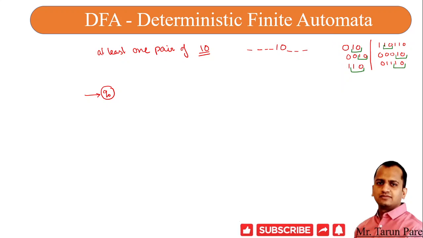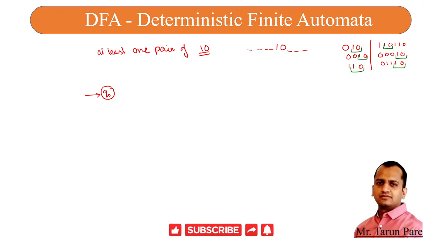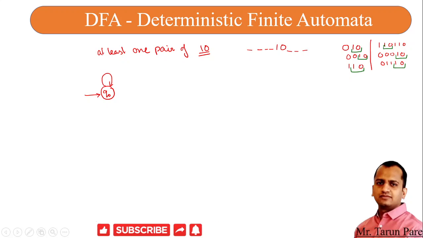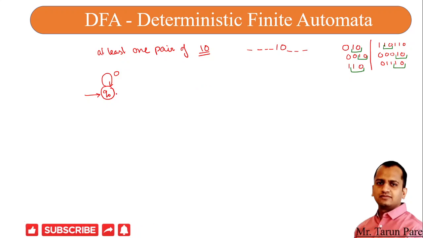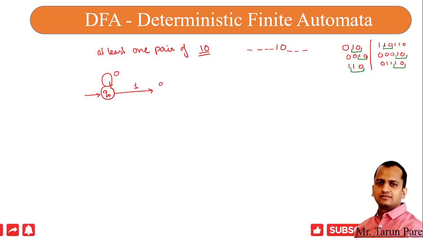For that we are going to prepare one finite automata. Suppose there is a state q naught. We have given one input in the form of 0, which means whenever we get a 0 in the beginning we will stay in the initial state, and whenever we get 1 we will change the state and reach another state, that is q1.